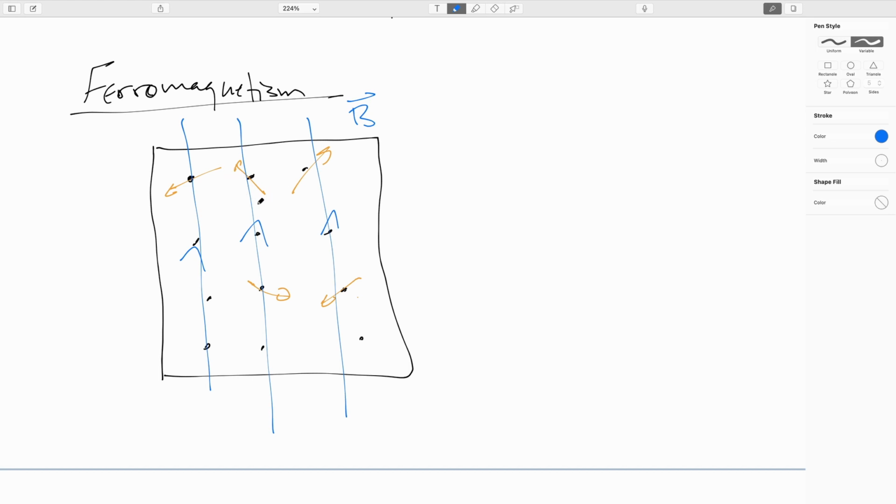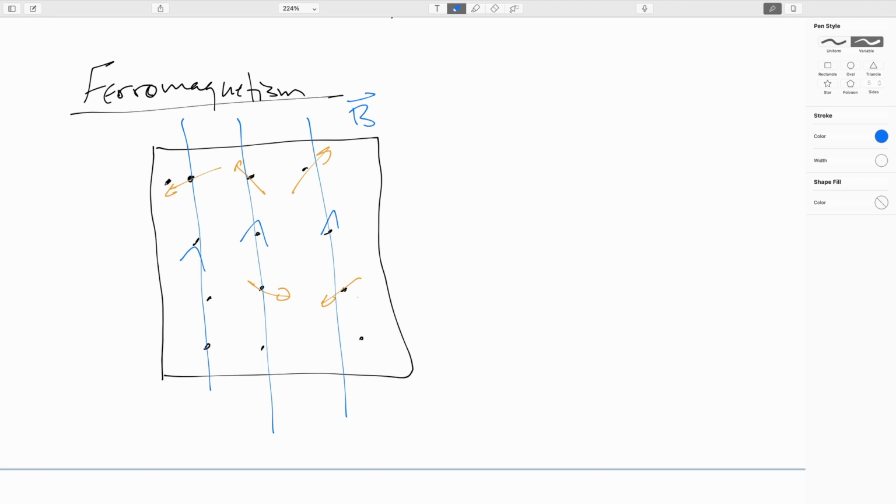Let's look at these two, which will be a little more obvious. This one here will decide, you know what, you are more closely aligned to the external field, so it will be overall in a lower energy situation if I make myself align with you.